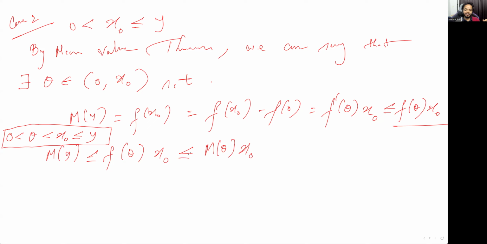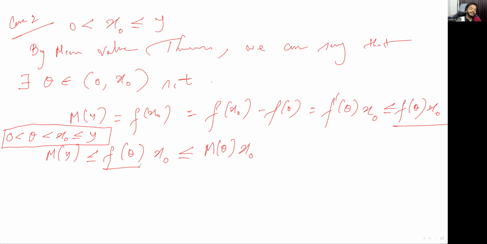And again, whatever is the maximum value that the function is taking from 0 to x naught, sorry, I'm making a mistake here.